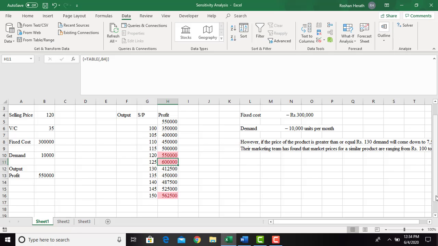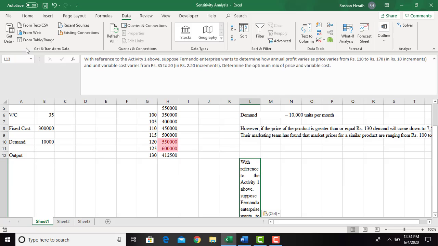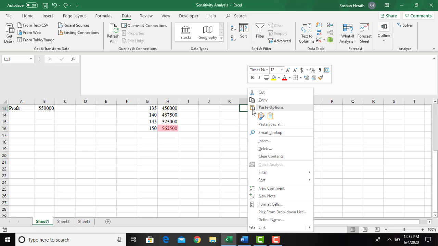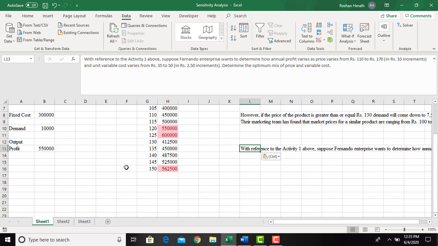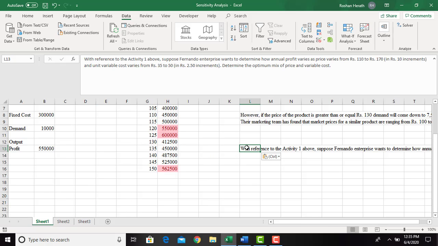Okay, let me take it over here, the requirement, the activity 2. Now, yes, we have read the question. We have identified the inputs as well.